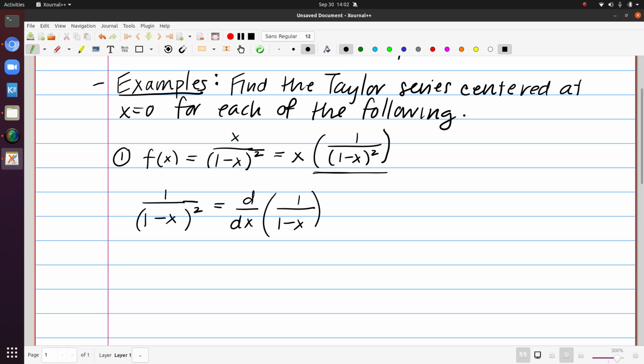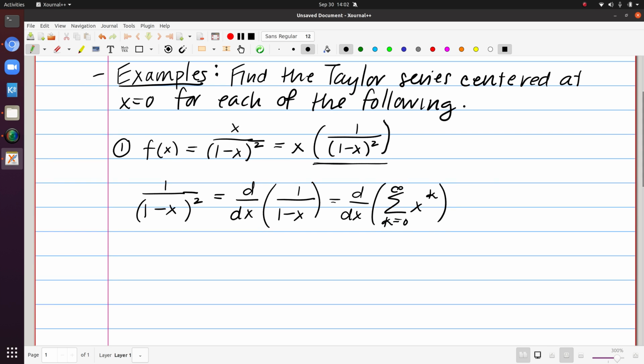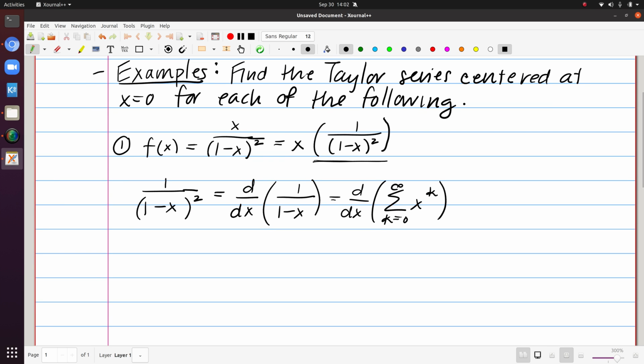And now I can observe that I know the Taylor series for 1 over 1 minus x. That is the sum from k equals 0 to infinity of x to the k. So now I can differentiate that series to get the series for 1 over 1 minus x quantity squared. And in differentiating this, my new terms become kx to the k minus 1.